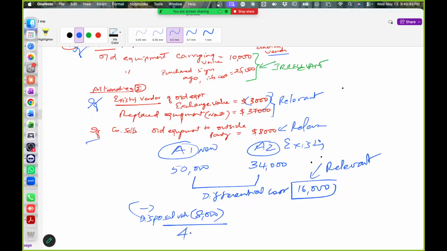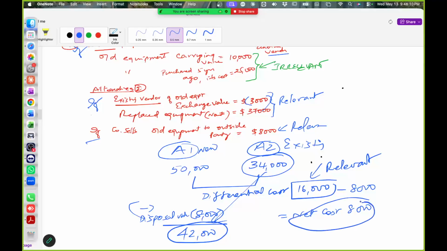So actually 42,000 and 34,000. This is what matters to me. Or 16,000 minus 8,000, so the net differential cost for me is 8,000. At the end of the day, this is what matters to me.